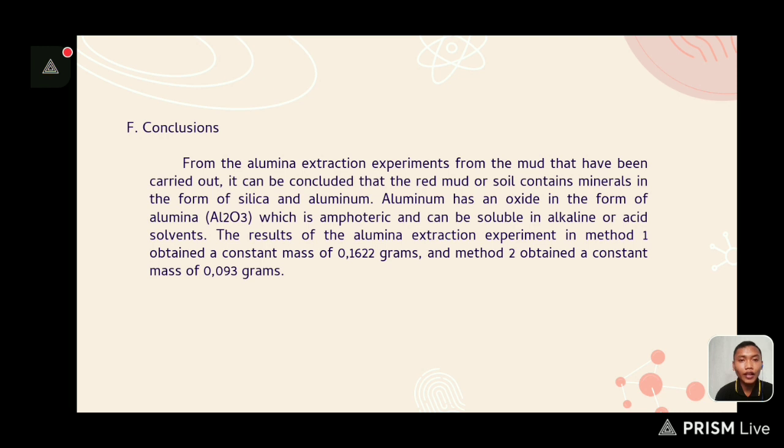The result of the alumina extraction experiment in method 1 obtained a constant mass of 0.1612 gram and method 2 obtained a constant mass of 0.093 grams.